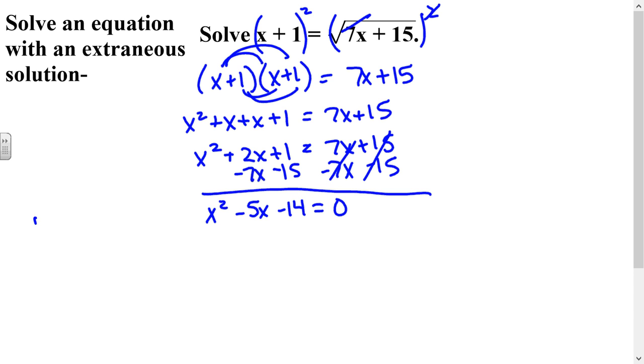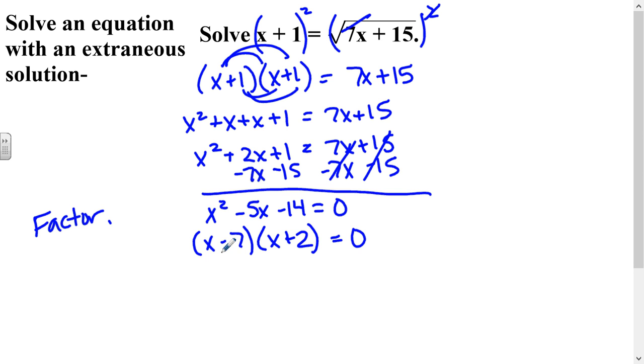So now what we can do is factor the left hand side. We need to find numbers that multiply to be negative 14 and add to be negative 5, and we could do 7 and 2, and the 7 would have to be negative, and the 2 would have to be positive. So if we multiply these together, we would get x squared minus 5x minus 14. So I just factored.